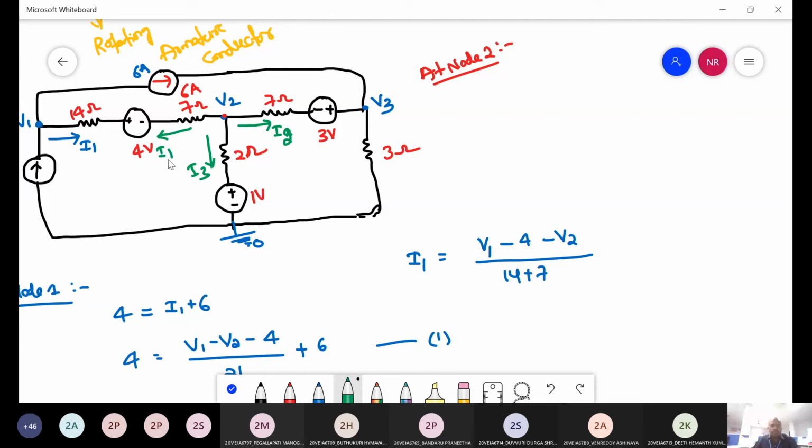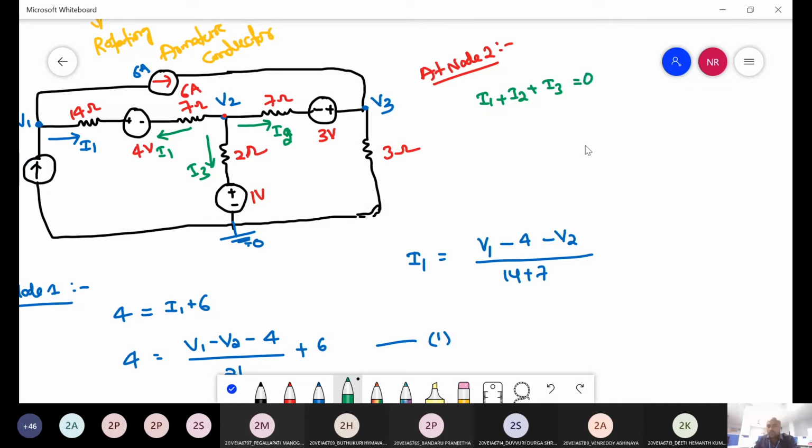So here all currents are leaving. So that is I1 plus I2 plus I3 is equal to 0.